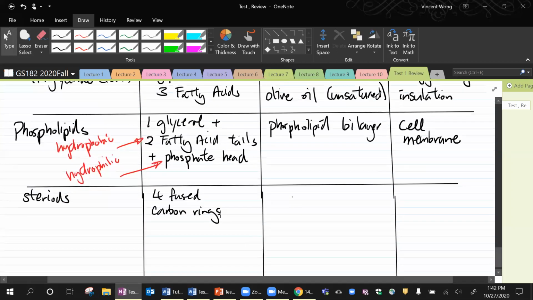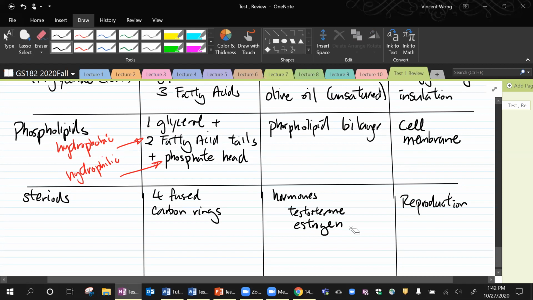Examples of steroids would be hormones, such as testosterone, estrogen, these kinds of things. And the function would be, we'll say, reproduction in this case, and signaling.